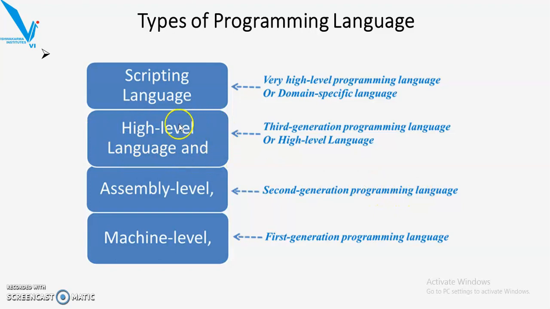Next is the high level language, which is also called as third generation programming language. And the next one is the scripting language, which is also called as very high level programming language or domain specific language.